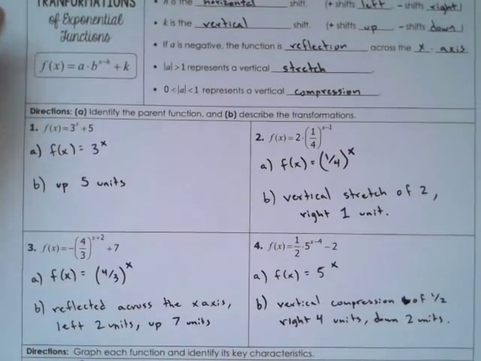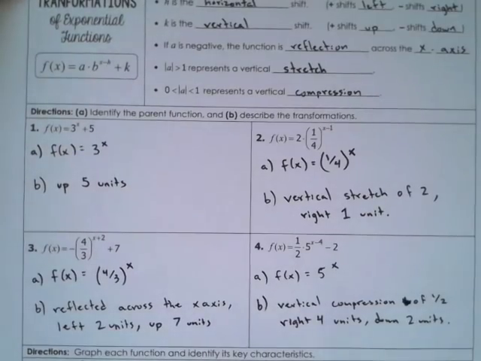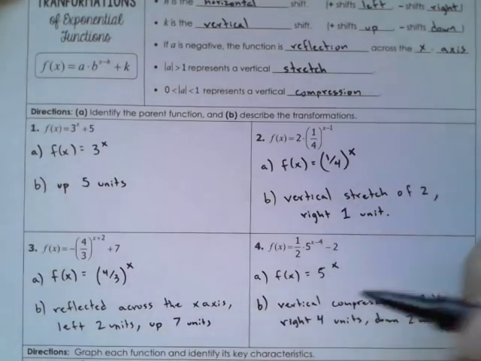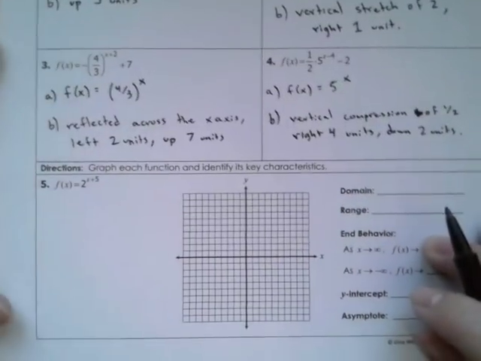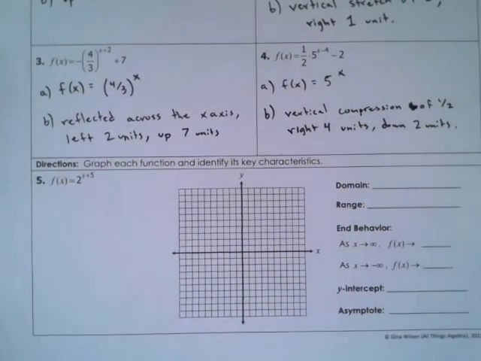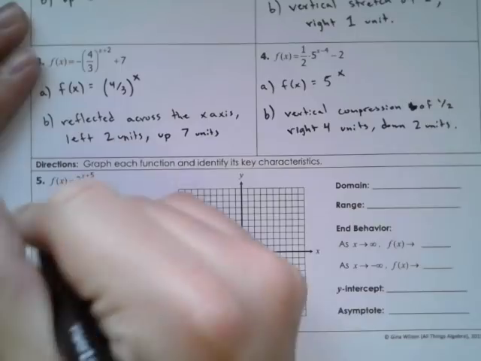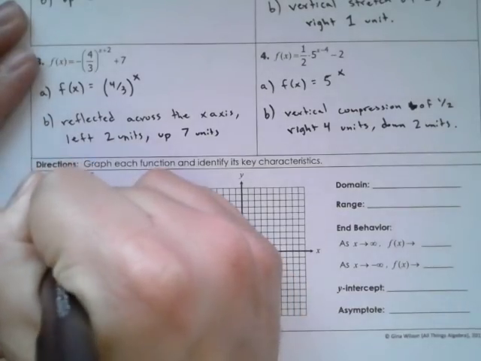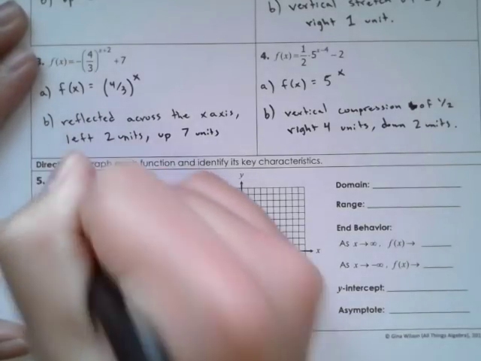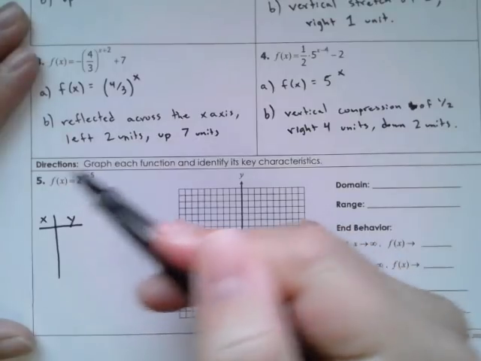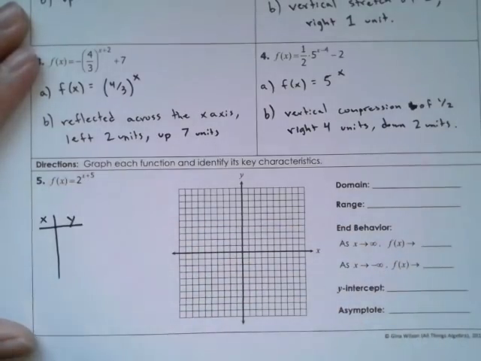For this next part, we're going to apply what these transformations are now and be able to see what the graphs are. So the way we do this is we consider still the table x y for the parent function of the given function. So I have f of x is equal to 2 to the x plus 5.